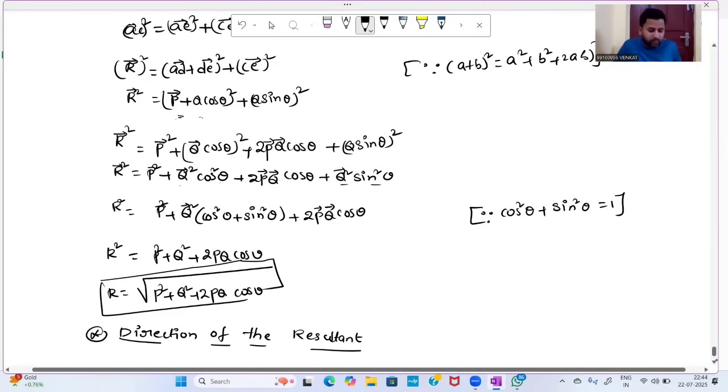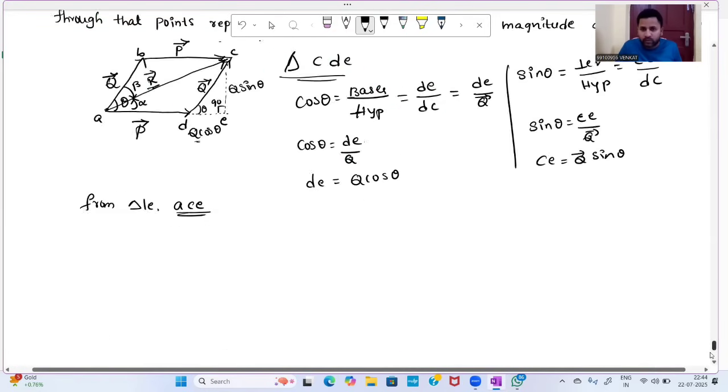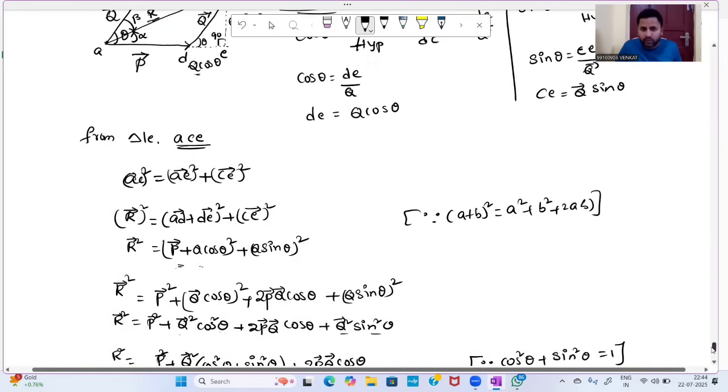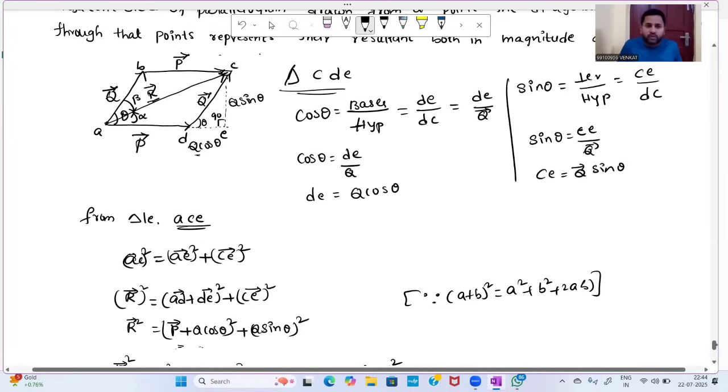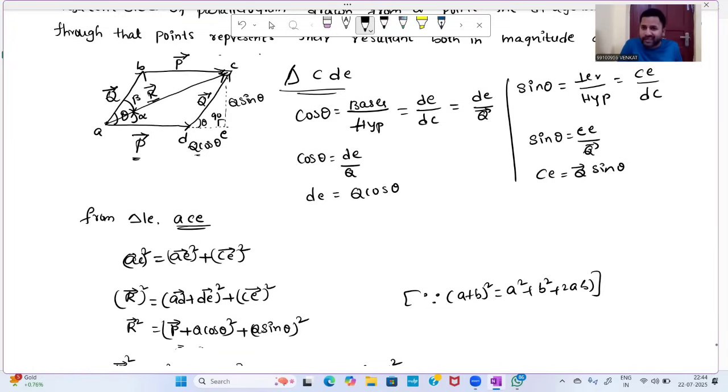I'm going back to the diagram. You can see here, the resultant making an angle with the P vector, that is alpha. So we can find the direction.